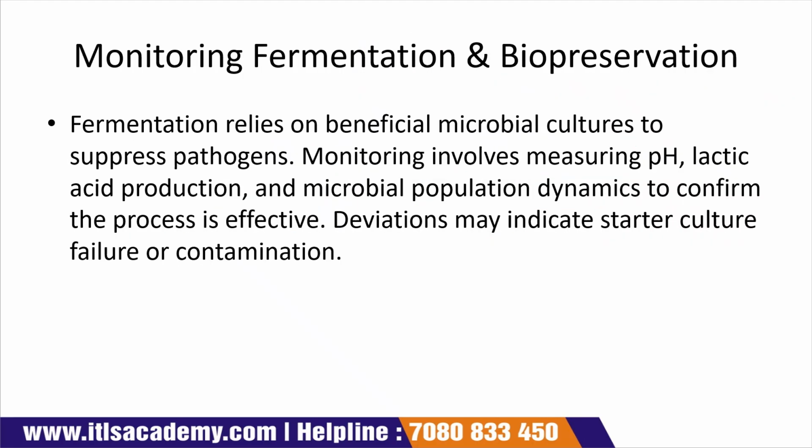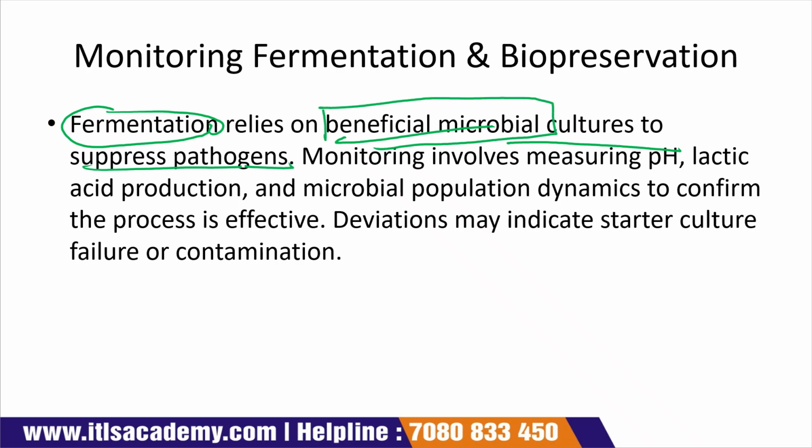Monitoring the fermentation and bioprocess. Fermentation relies on beneficial microculture to suppress the pathogenic microorganisms. In fermentation, we use beneficial microorganisms. Beneficial microorganisms means the microorganisms which come under the category of good microorganisms, and when we consume them, they can be beneficial for us and provide nutritive value.